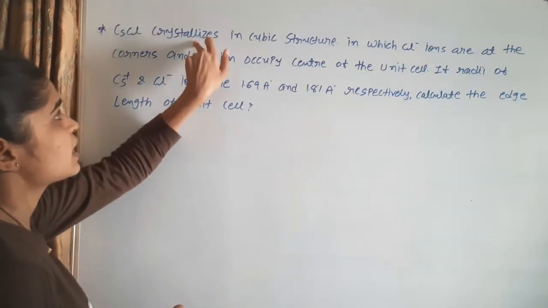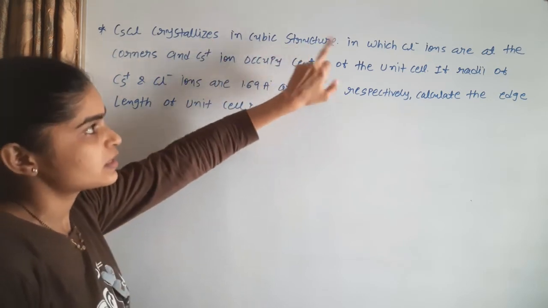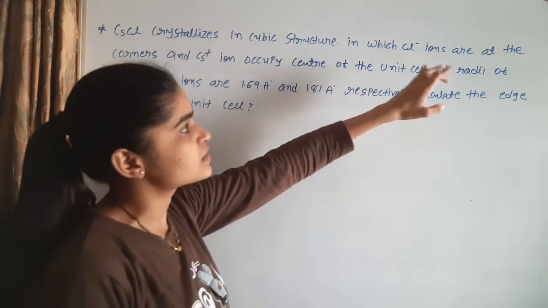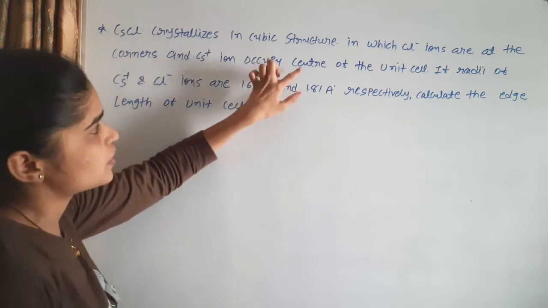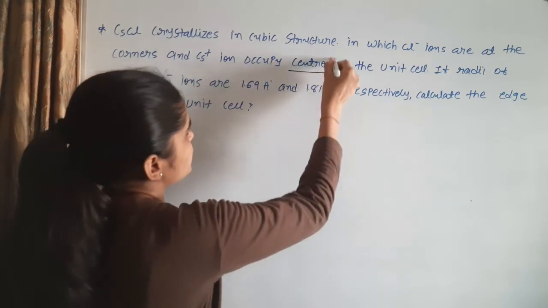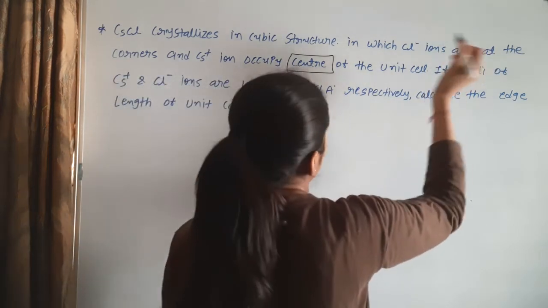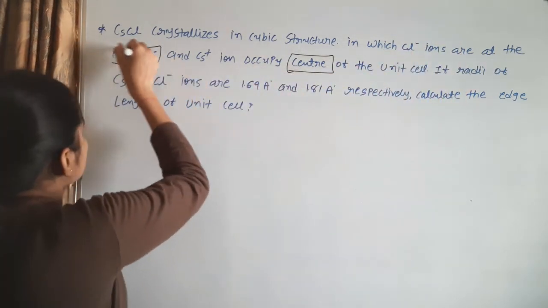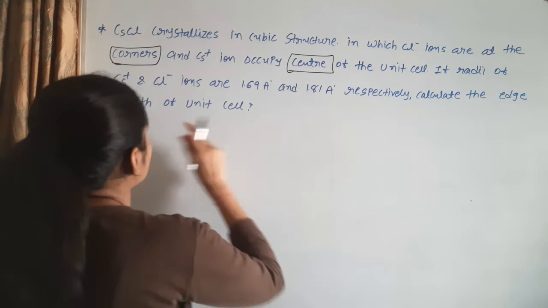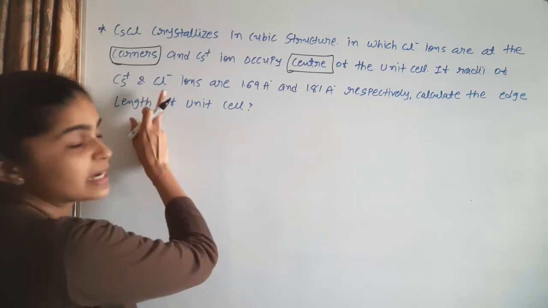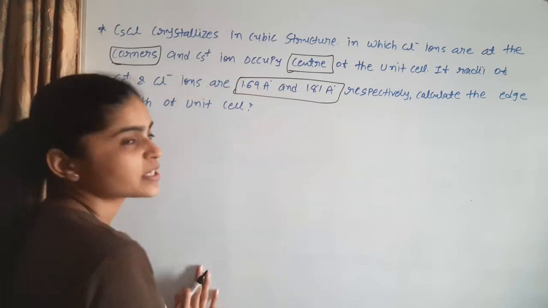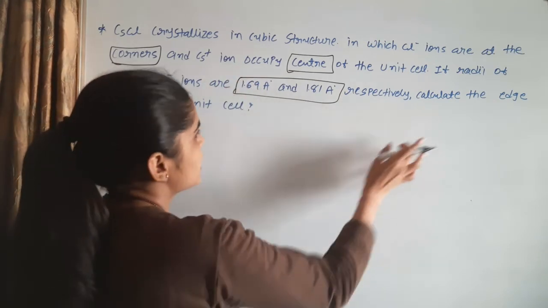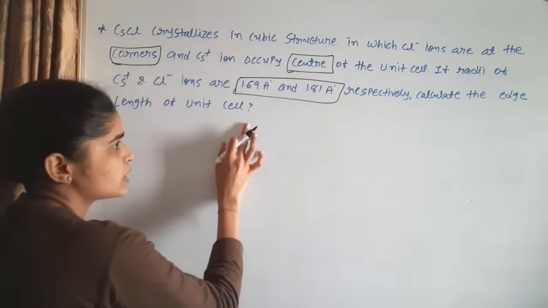CsCl crystallizes in a cubic structure in which Cl minus ions are at the corners and Cs plus ion occupies the center of the unit cell. If the radii of Cs plus and Cl minus are 1.69 and 1.81 angstrom, calculate the edge length of the unit cell.